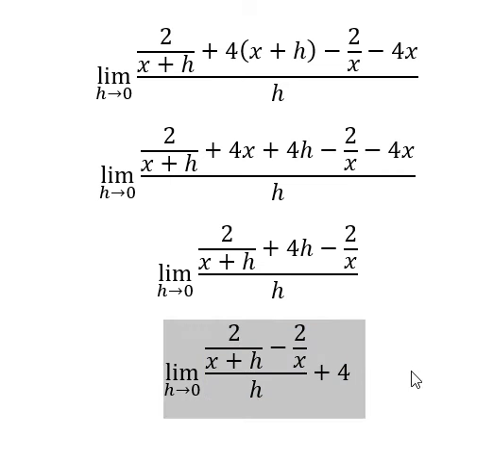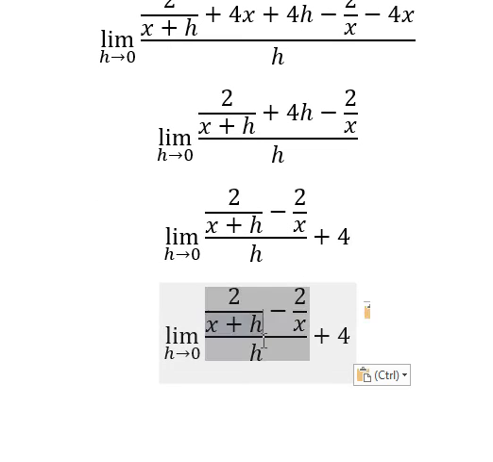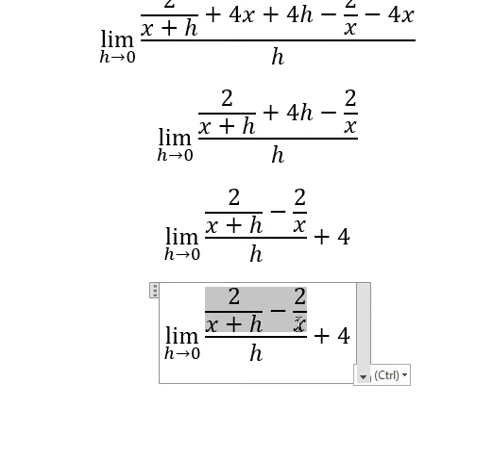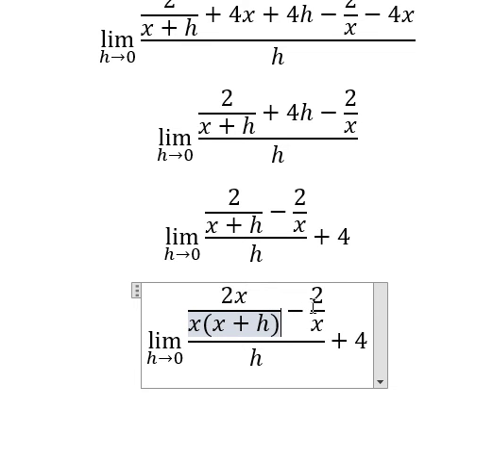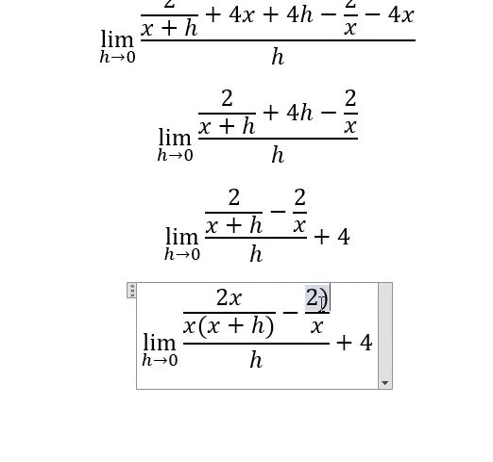Now we need to focus on this one, so we can do common denominator of this one. So this one we need to multiply by x. This one by x plus h.